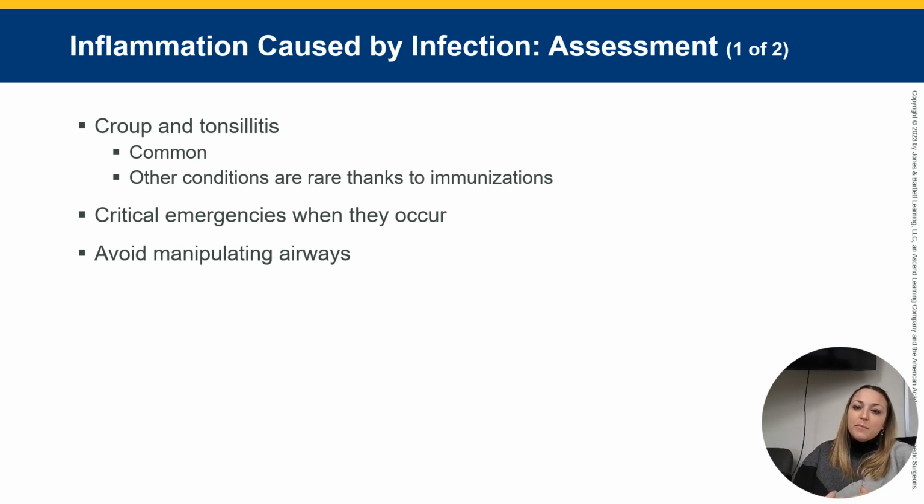I'm doing everything I can possibly do to make the kid comfortable and not upset the kid, because the last thing I want is somebody that has a kiddo with an upper airway infection to get angry or get scared or start to cry. And when that happens, more inflammation happens. Think about when you can tell someone's had a crying jag because their eyes are all puffy and their nose is runny and they get more secretions.